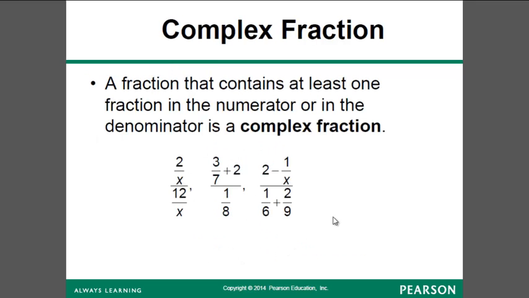Now then, when I talk about complex fractions, these are fractions that contain at least one fraction in the numerator or in the denominator. If you notice, I have three sets of complex fractions here. I have a fraction over a fraction, or a fraction plus a number over a fraction, or this one where I have a number minus a fraction over two fractions added together.